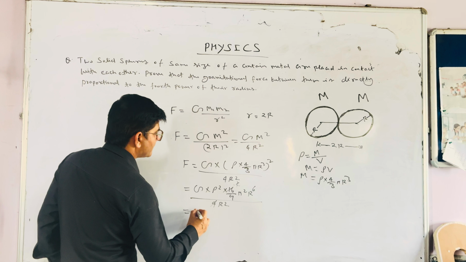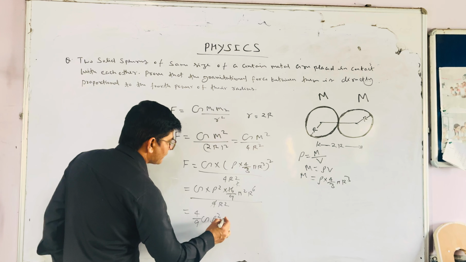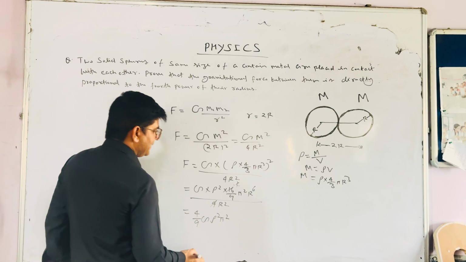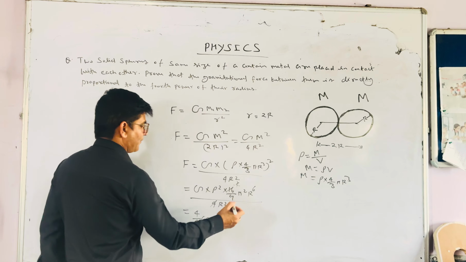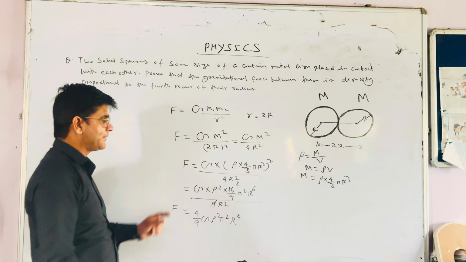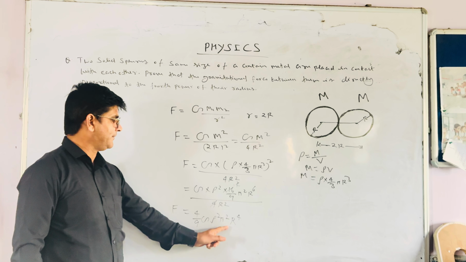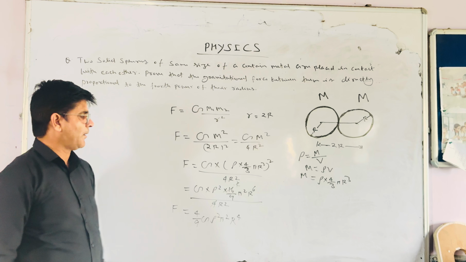Now it is 4 by 9 G rho square pi square, r to the power 6 divided by r square gives r to the power 4. So the gravitational force between these two spheres is F equals 4 by 9 G rho square pi square r to the power 4.